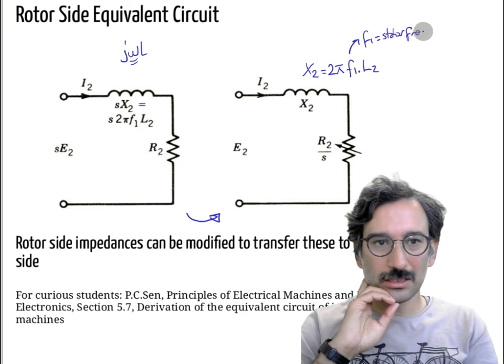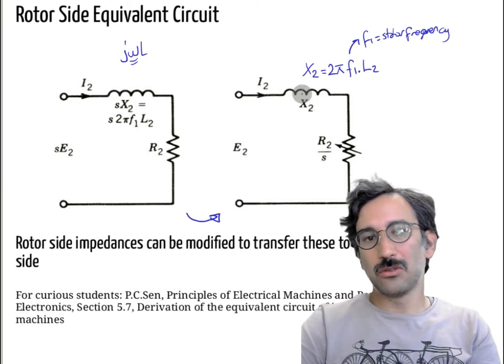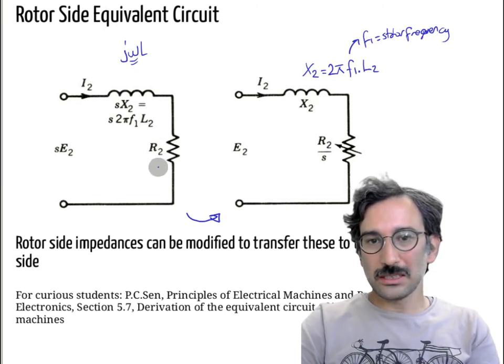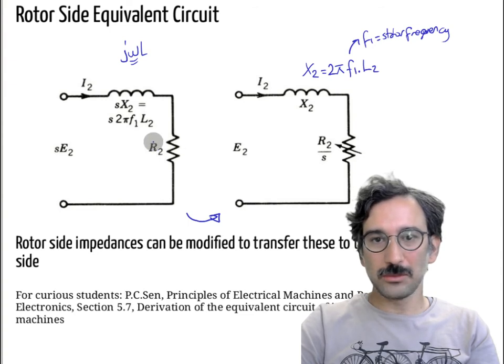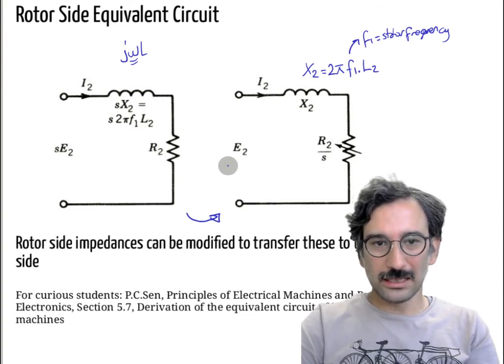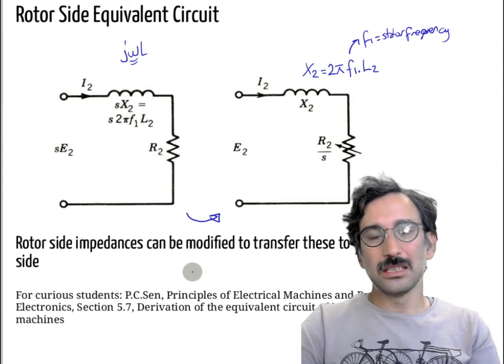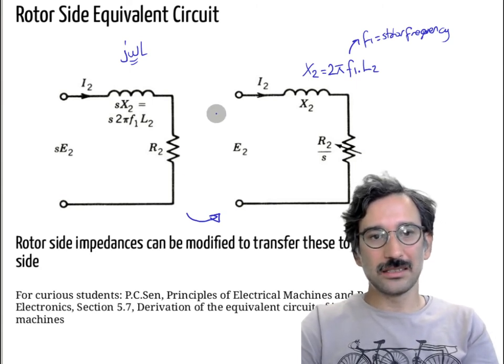So I just got rid of the slip component here. But if you just keep the rotor resistance constant, then you will end up with not constant power.